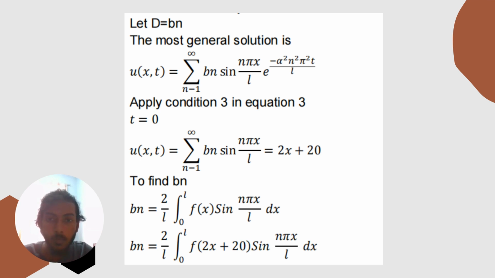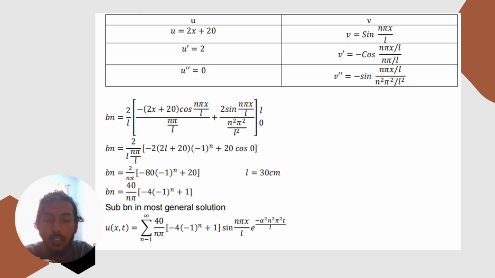After that, our main objective is to find the equation for bn. To find bn, we can use the formula 2 over l integrate 0 to l f(x) sine n pi x over l dx. After integrating, we can separate it, and we use this method to integrate the complex integration.